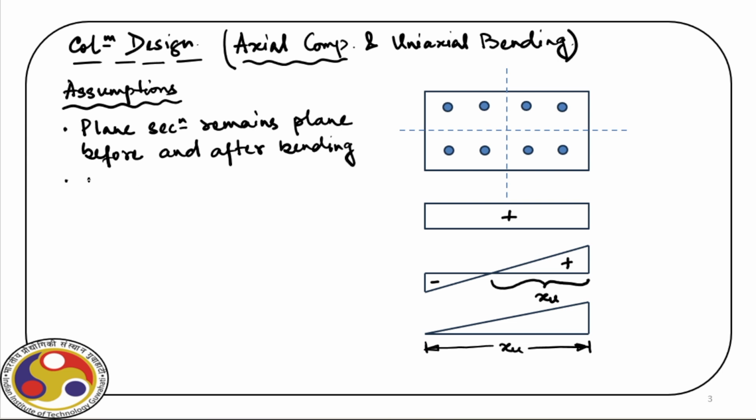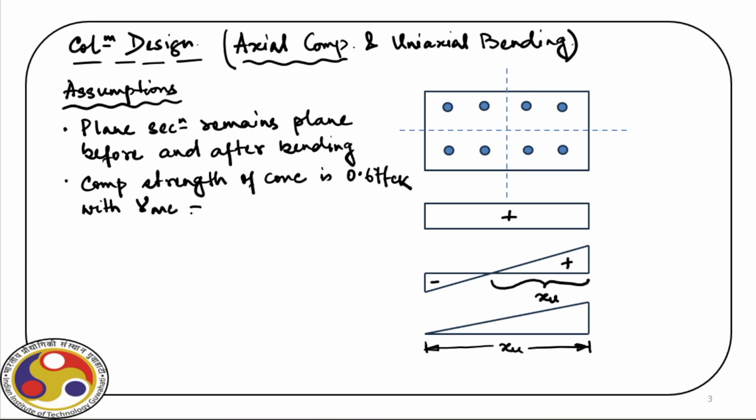Second is compressive strength of concrete is 0.67 fck, that you can recall from our previous discussion, with gamma mc equal to 1.5.